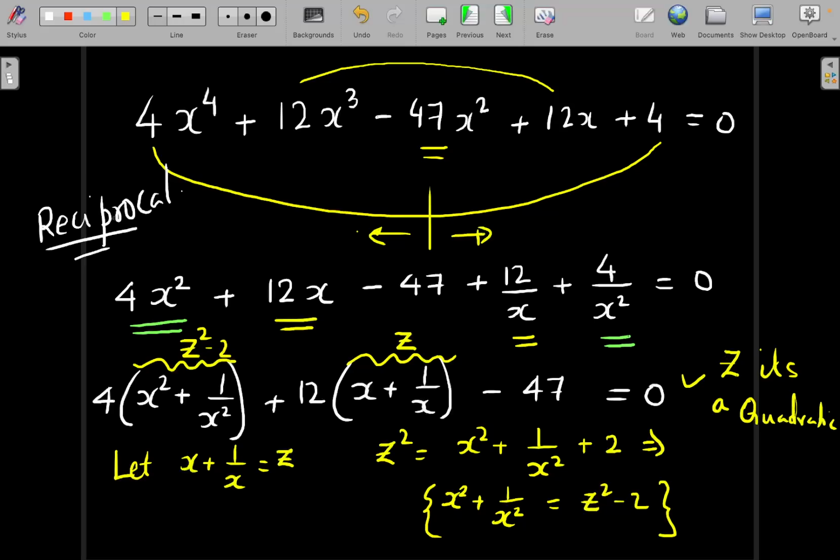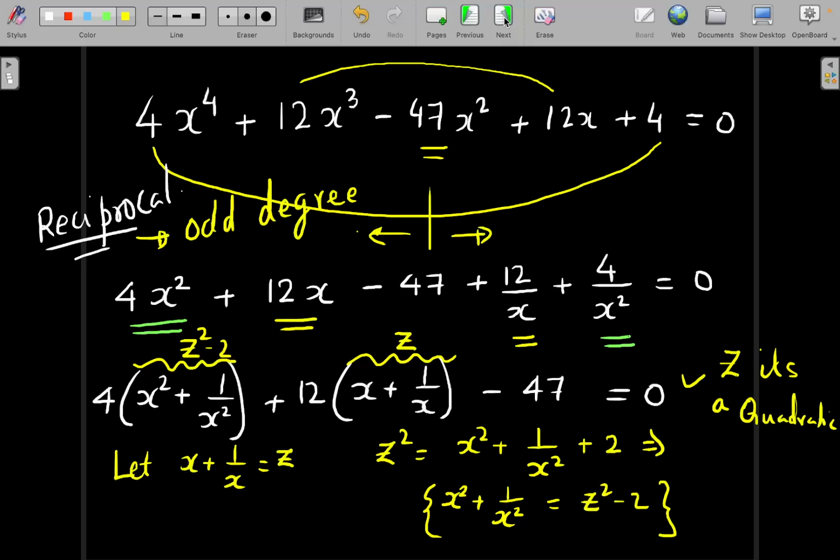Now what happens if reciprocal equations are of odd degree? For this, let's just write down a fifth degree polynomial in general, and one notices something very nice which causes a simplification.